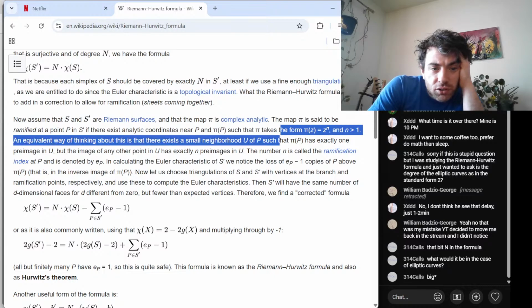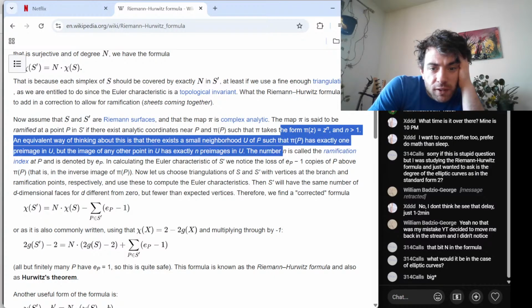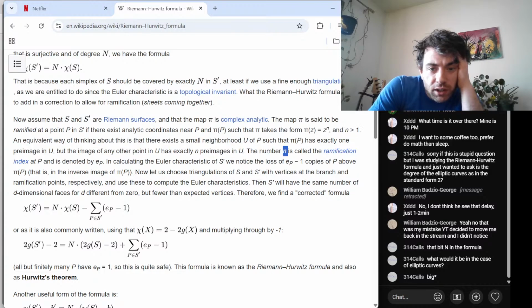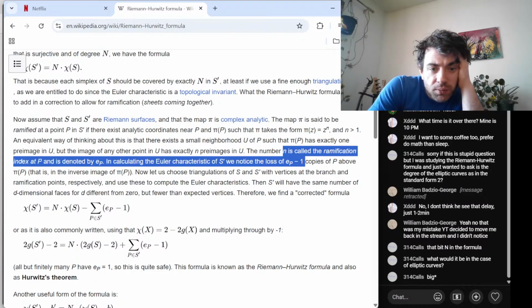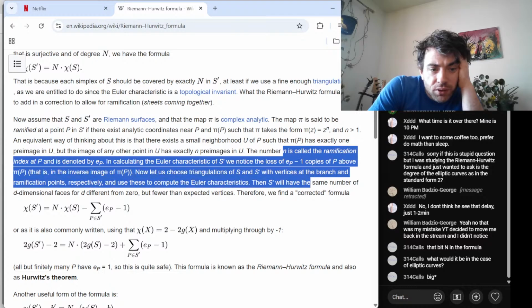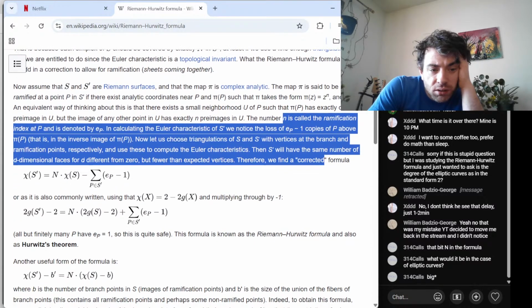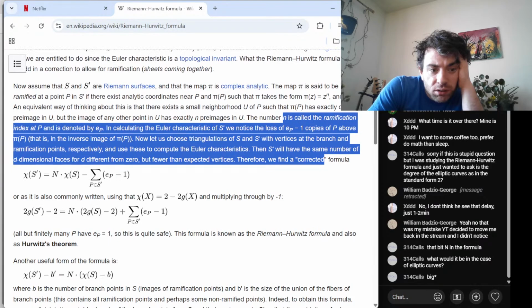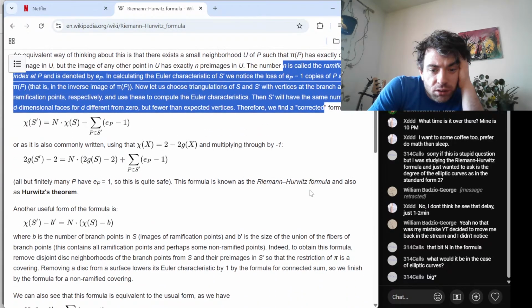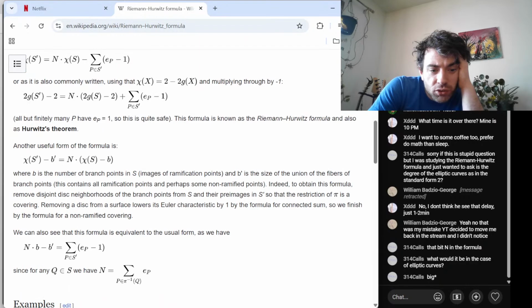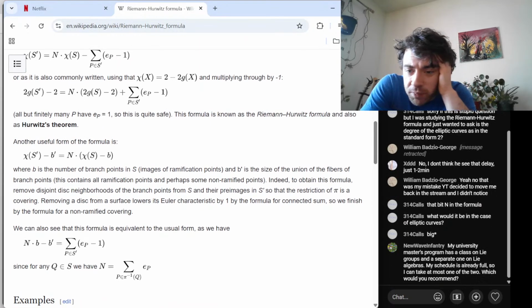Because what is n? The number little n is the ramification index. What's big N? Is that just a typo? Is that supposed to be the ramification index?